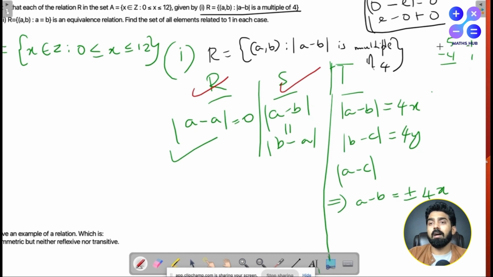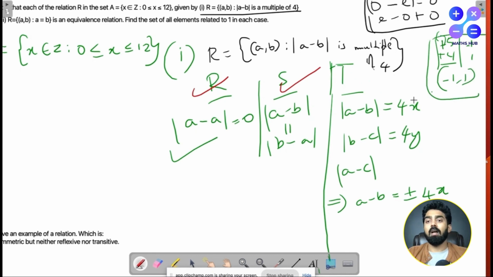So a subtraction will always give you only two possibilities, plus 1 or minus 1, if you don't know which one is the higher value. So you can always put both values. For example, this also you can write as plus or minus 4y, correct?